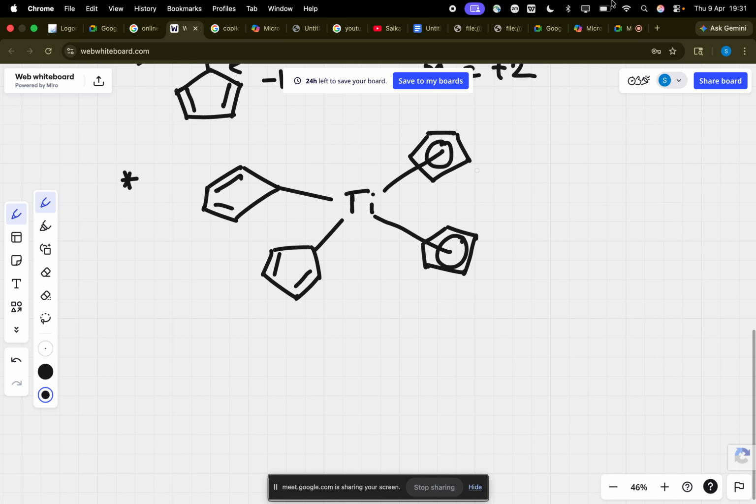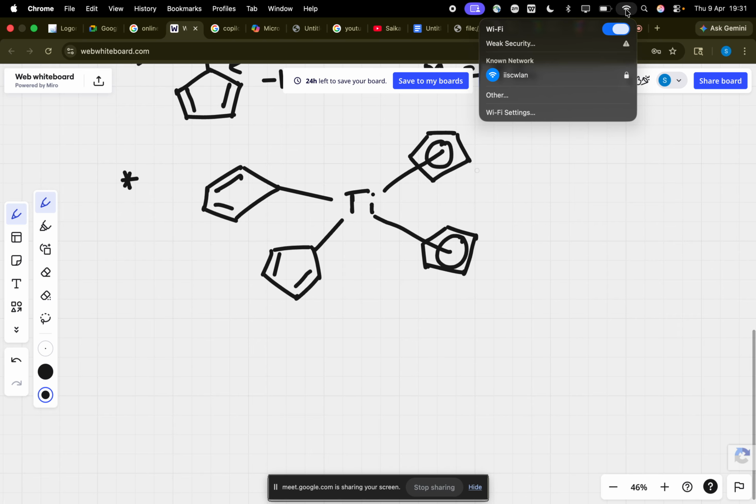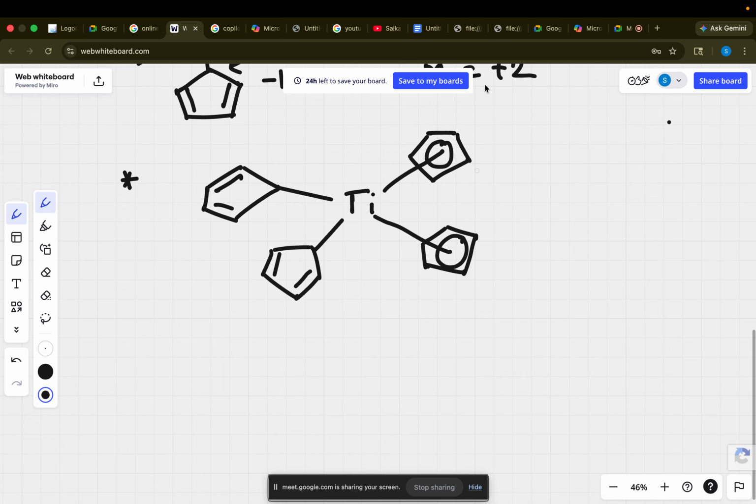Find out the oxidation state for titanium. +4, right?